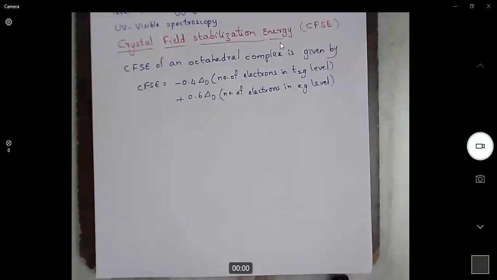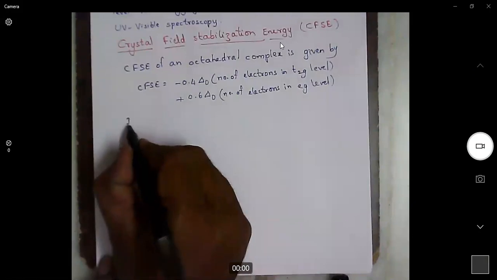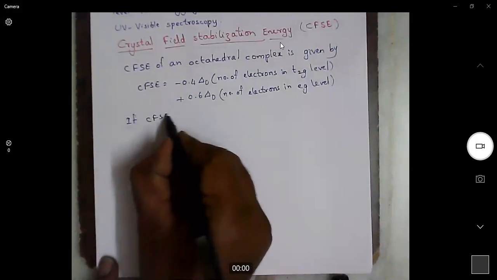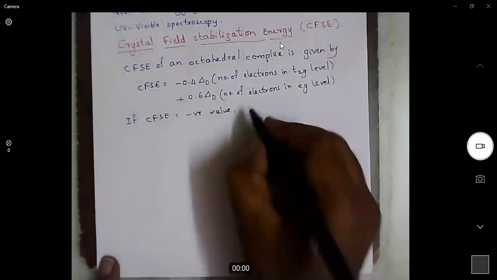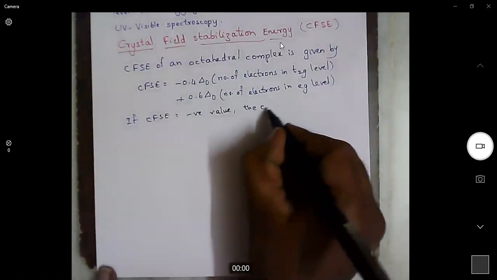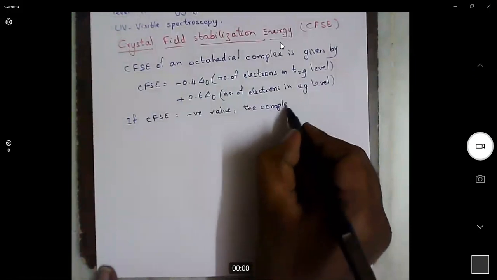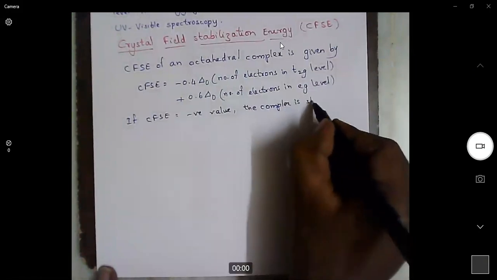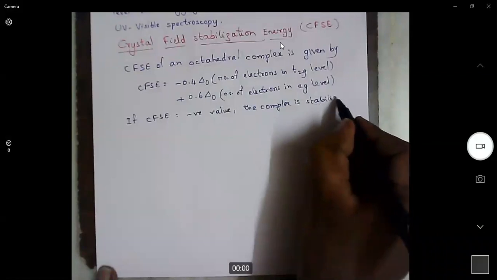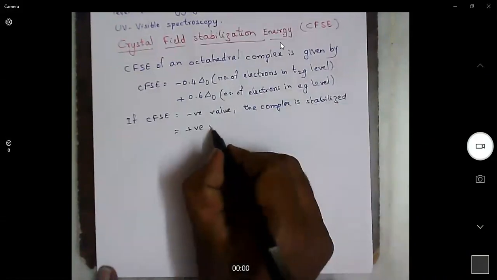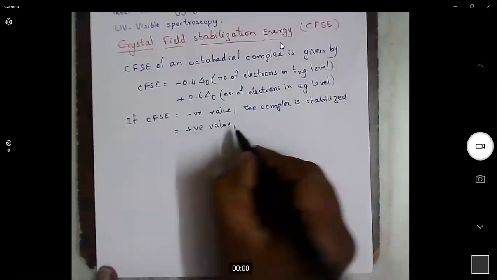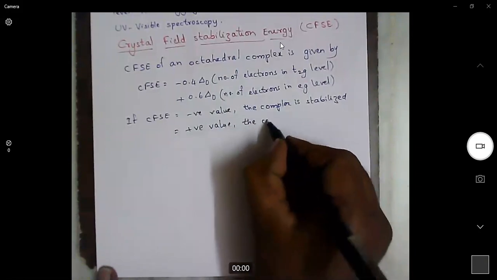So if CFSE is some negative value, we can say the complex is stabilized. If CFSE is a positive term, then we say the complex is destabilized.